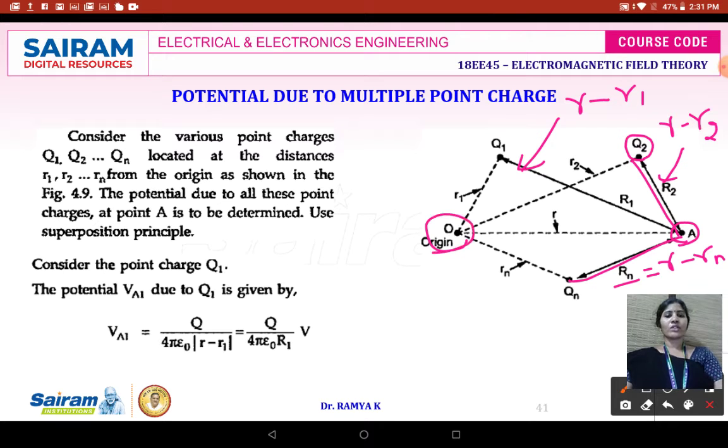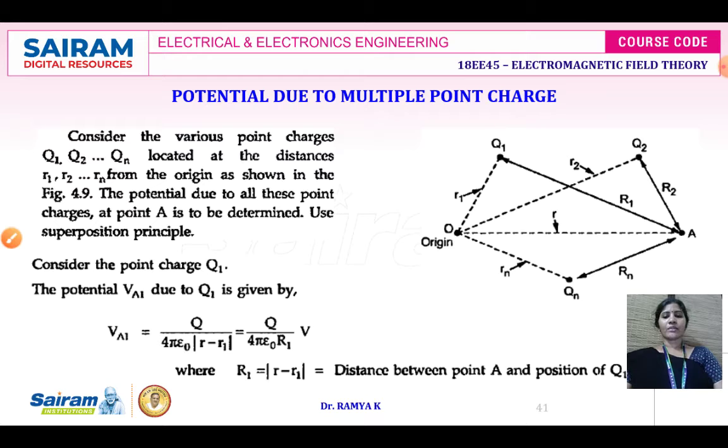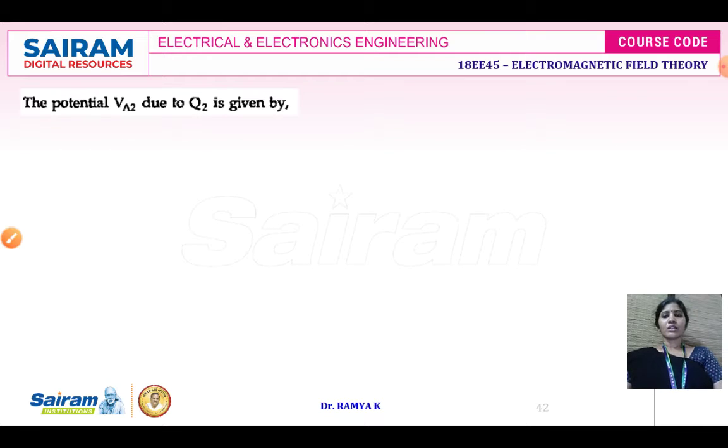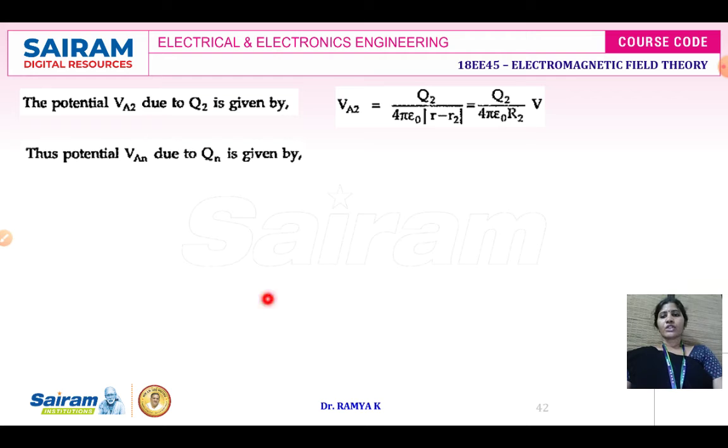This is going to be the origin. Therefore, the potential at point A due to point charge Q2 is given as Q2 divided by 4 pi epsilon R2, where R2 is small r minus R2. The potential due to the nth point charge will be Qn divided by 4 pi epsilon, r minus Rn, which is nothing but Rn.